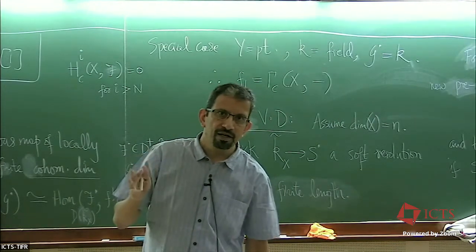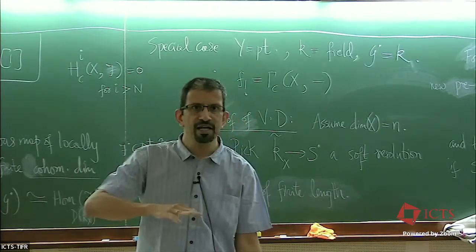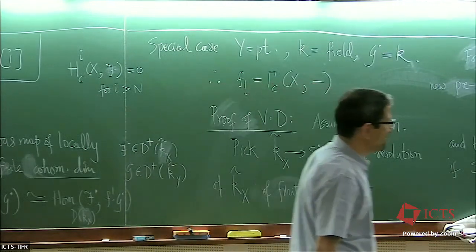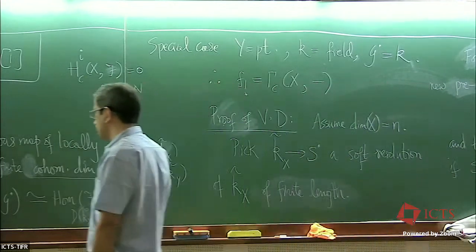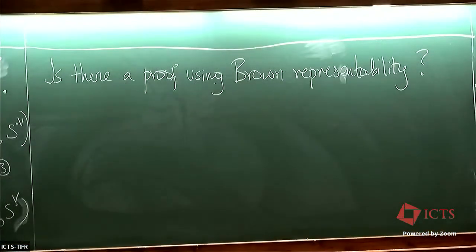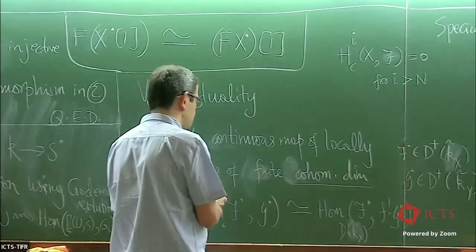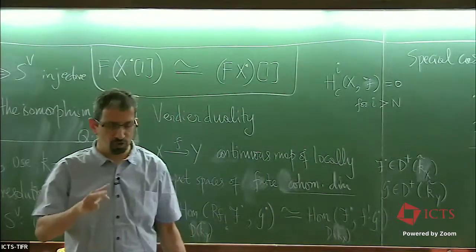It's saying when a functor is representable. Sorry, I mixed up two things.